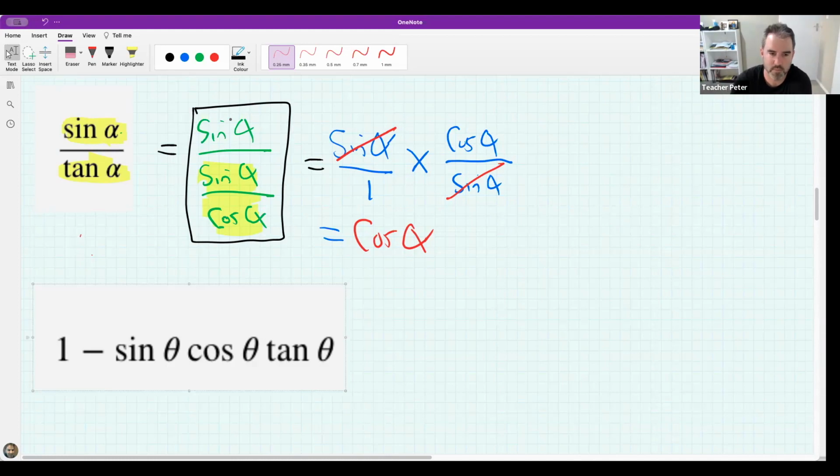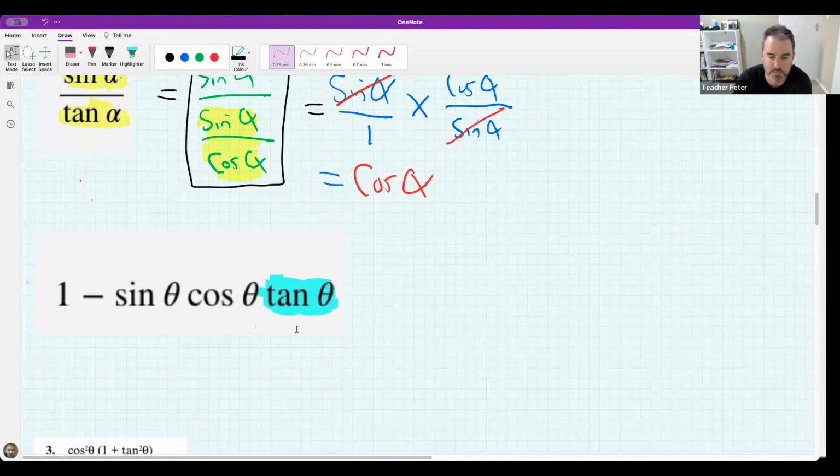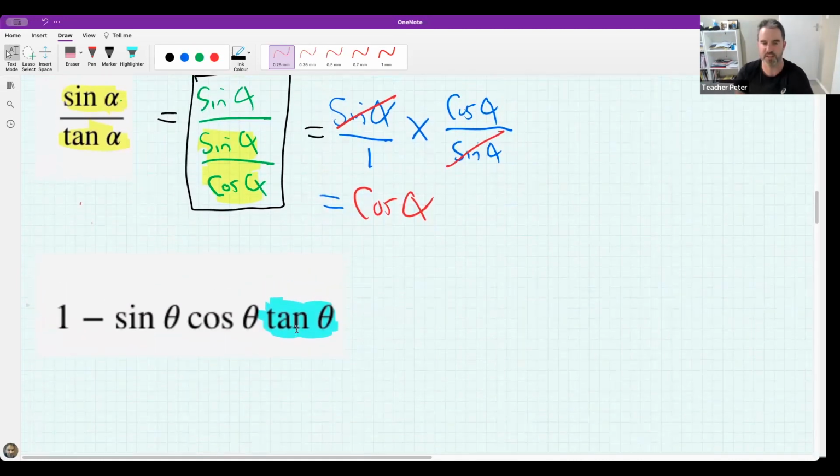Okay, who's giving some? I feel like maybe this tan over here could be replaced. So that's the hint I'm going to give you. And then let me know if you have a question by putting your hand up, or say done in the chat if you feel like you're done with simplifying that trig expression.